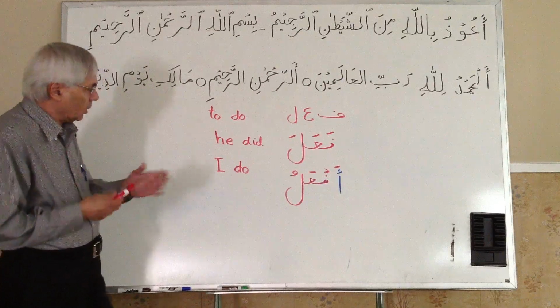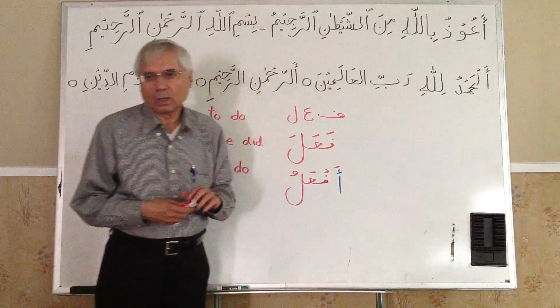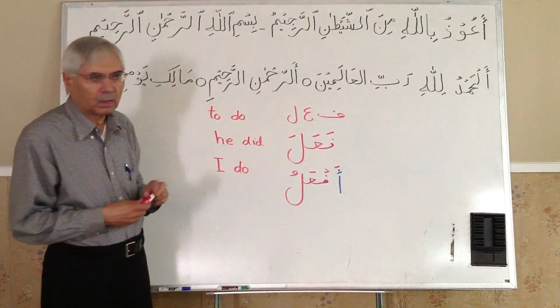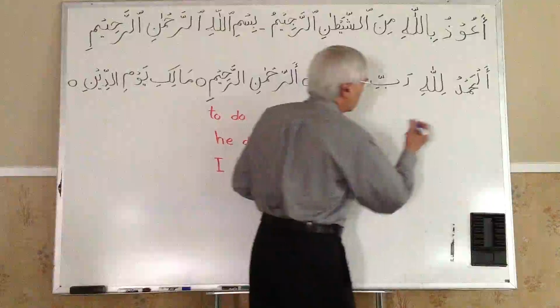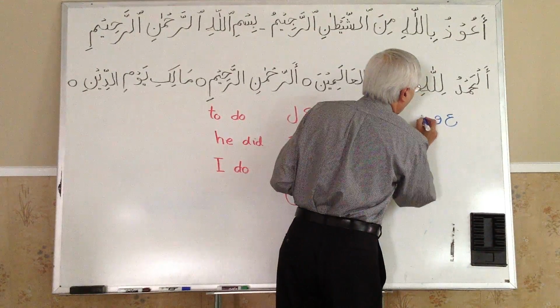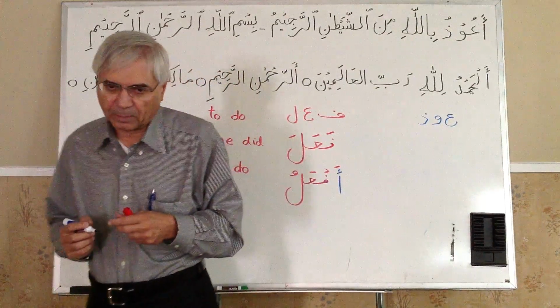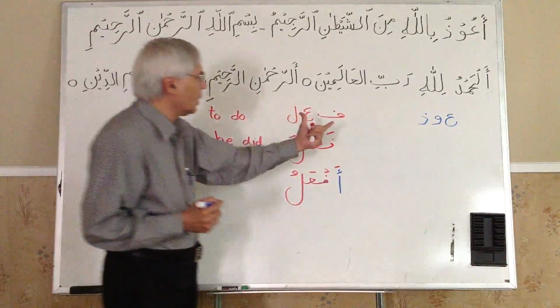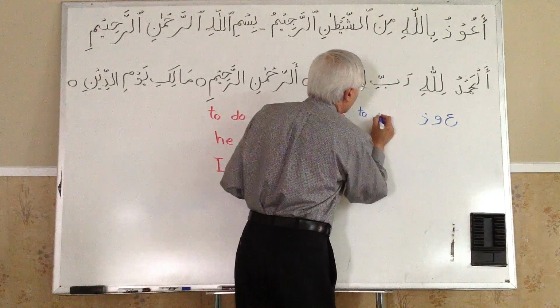Now, using this rule, we are going to learn something above there. So what we are going to do, we are going to start with these three letters, Ain, Waw and Dal. The meaning of this is to seek protection.